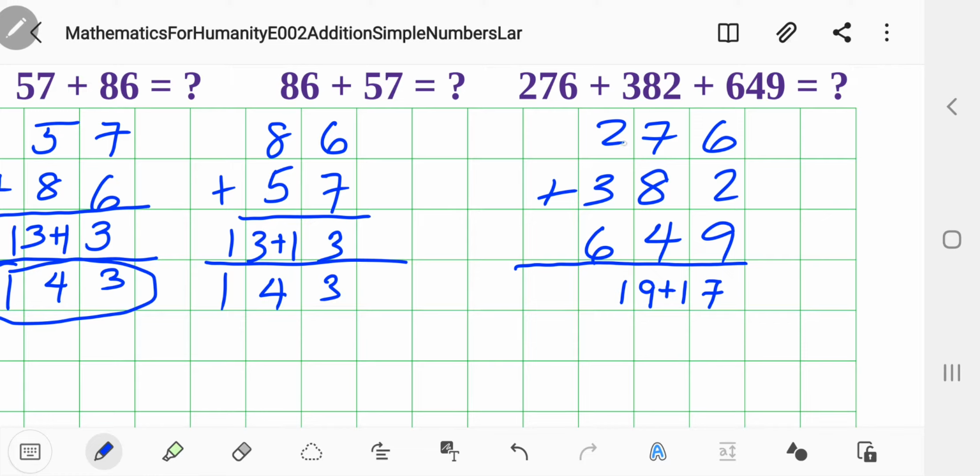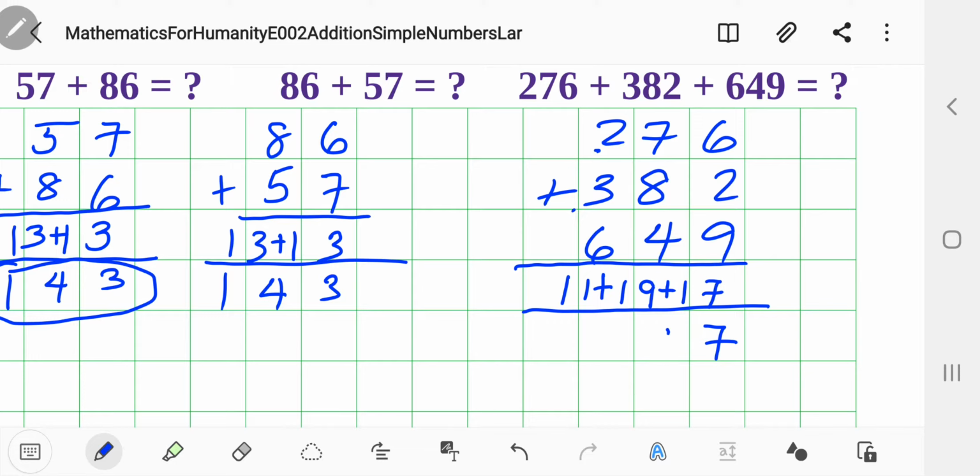Here you have 2 plus 3 is 5, plus 6 is 11. So you have 11 here. Then you write a plus sign there. And then the final answer would be 7. What is 9 plus 1? 9 plus 1 is 10. But you cannot write a double digit on a box.